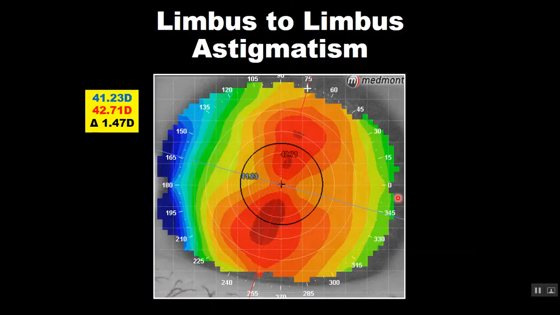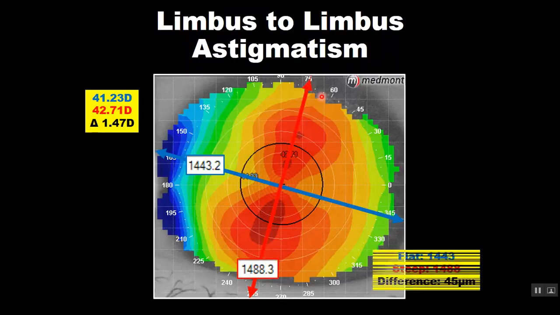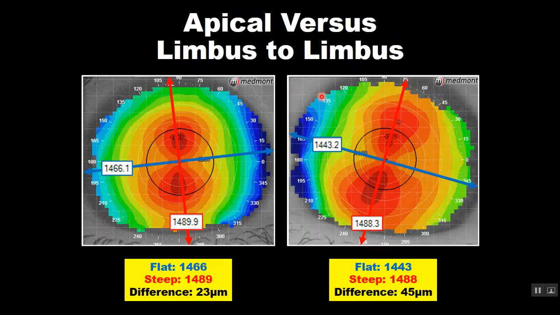However, when we look at our limbus to limbus astigmatism, now we see a patient that has a defined flat, defined steep, but a much more toric periphery. So let's pull up the flat meridian sagittal depth, the steep meridian sagittal depth, and look at the difference. And now we're up at 45 microns. So these eyes are significantly different.